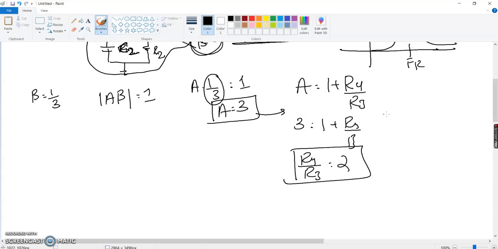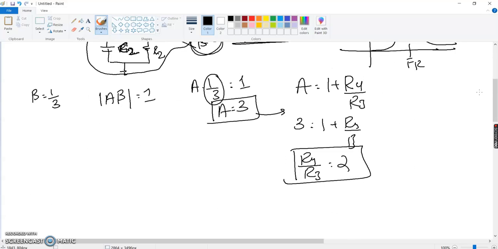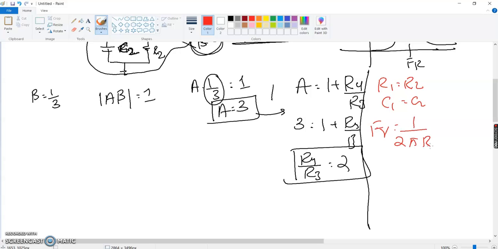Now for the second thing, if we consider that we have two resistors and two capacitors in the circuit, and resistor 1 equals resistor 2 and capacitor 1 equals capacitor 2, I can use the formula for resonant frequency, which is 1 over 2 pi RC. That's my formula for resonant frequency.